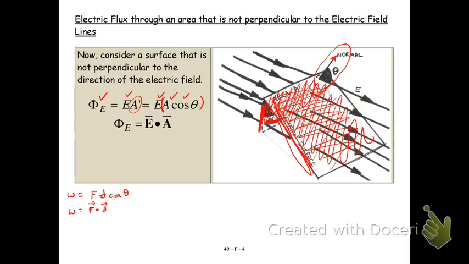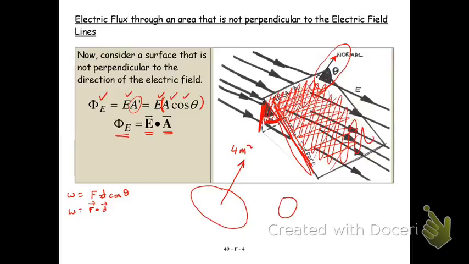So now I can say my flux is equal to the electric field dotted with the area vector.